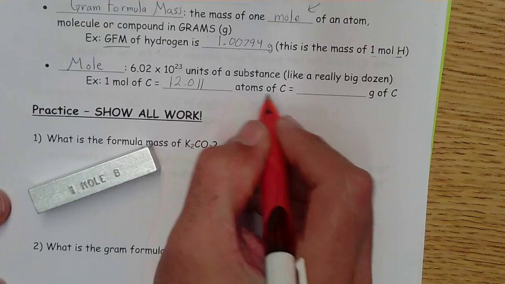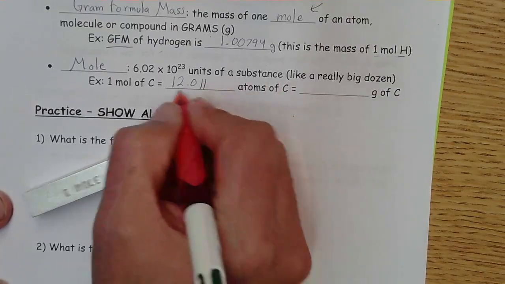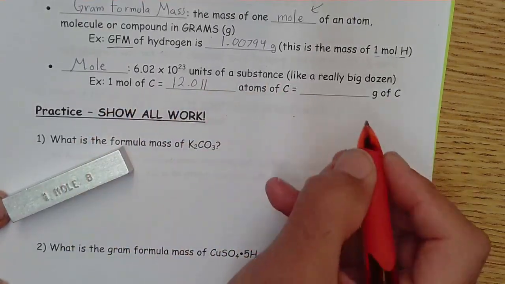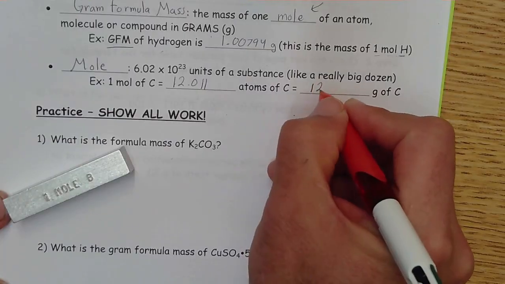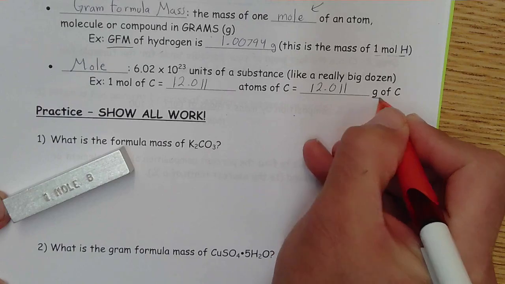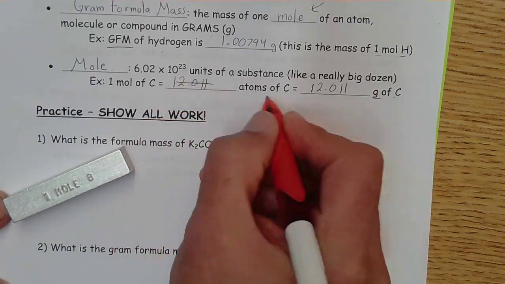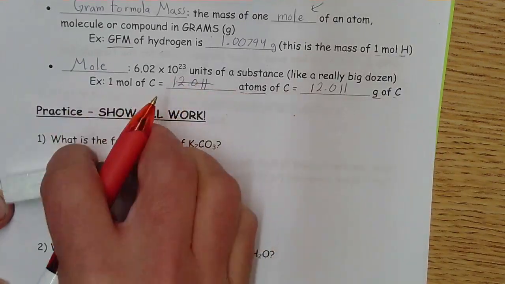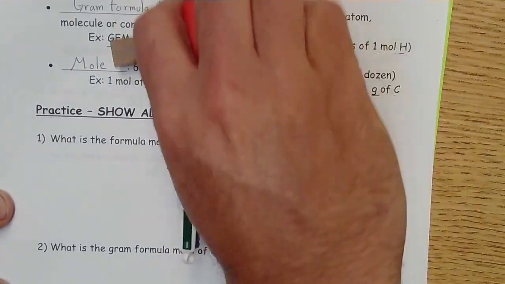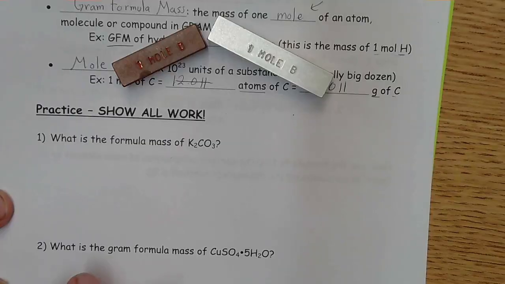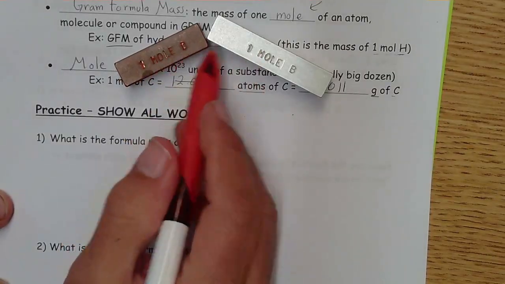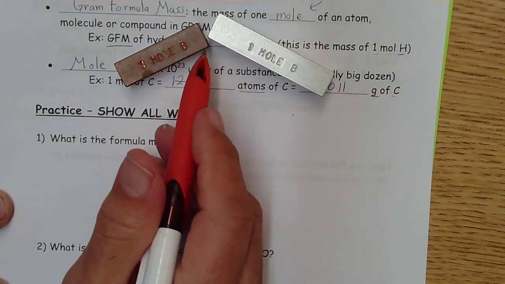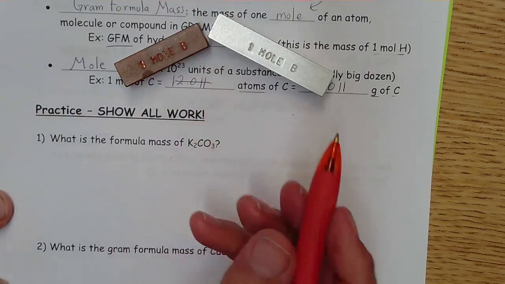Oh my gosh, sorry, my bad. 1 mole of carbon is this many grams, but I meant to write it here, 12.011 grams of carbon. But how many atoms is that? Well, this is where they all even out. If you have the same number of atoms, they'll have a different mass because atoms weigh a different amount, and that makes sense.